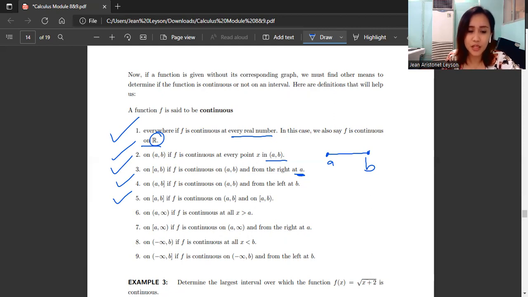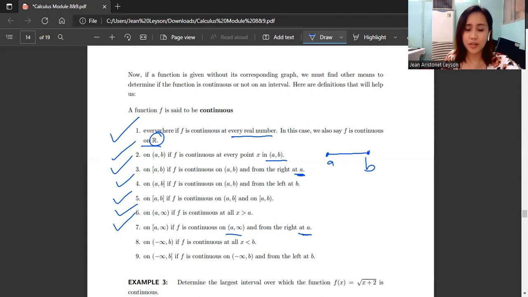Number 6, on (a, positive infinity), if the function is continuous at all x greater than a. Meaning from a going to positive infinity. Number 7, on [a, positive infinity), if the function is continuous on (a, positive infinity) and from the right at a.